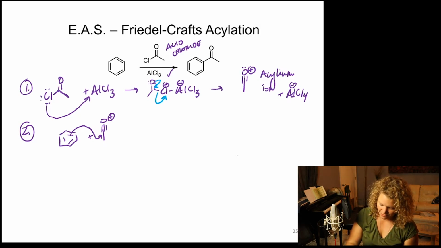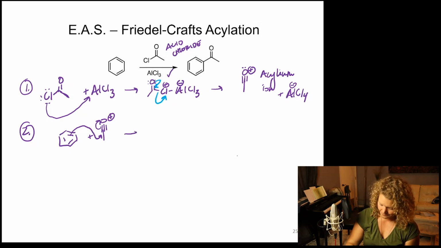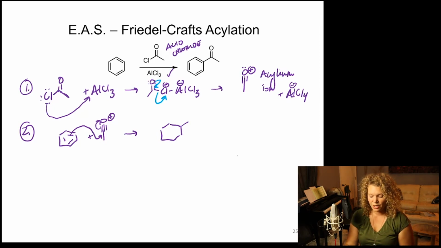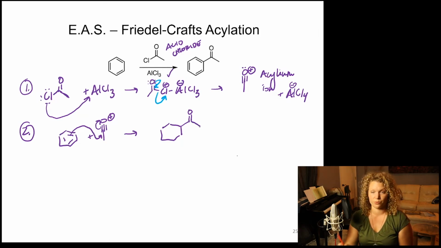I'm attacking this carbon that's triply bound to that oxygen. I'm going to push these electrons up now. What does that form? It forms our arenium cation. I made a new bond with a carbon here, and that carbon is still doubly bound to that oxygen. That carbon still has that methyl group attached to it.